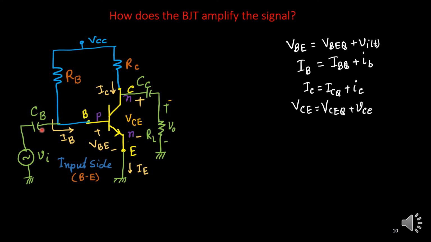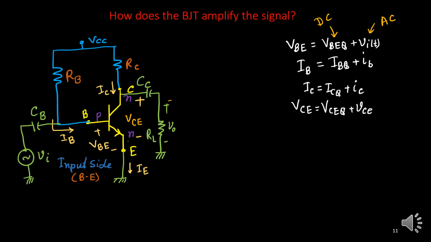Whenever I add the vi, that will disturb your previous Q point. So now total voltage VBE will be VBEQ plus vi(t). Similarly, total IB will be IBQ plus small ib. Total IC is ICQ plus small ic, and VCE is VCEQ plus small vce.